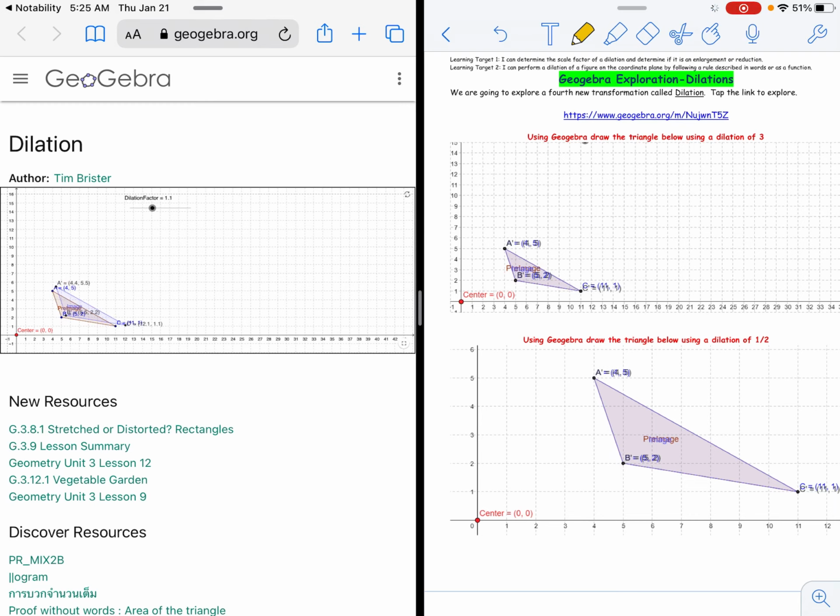But anyways, it's telling us let's do a dilation with a scale factor of 3. And let's see what happens. Boom, perfect, 3. So now I'm just going to go ahead and plot those points and make it look real pretty.